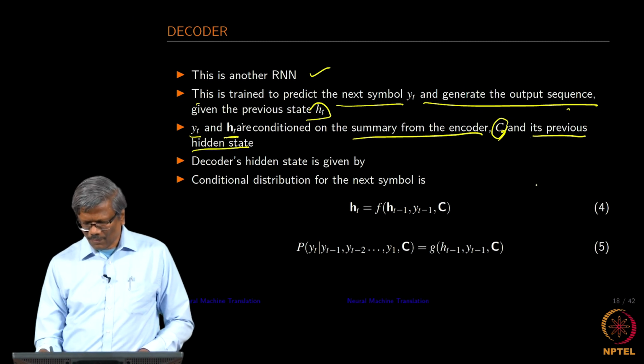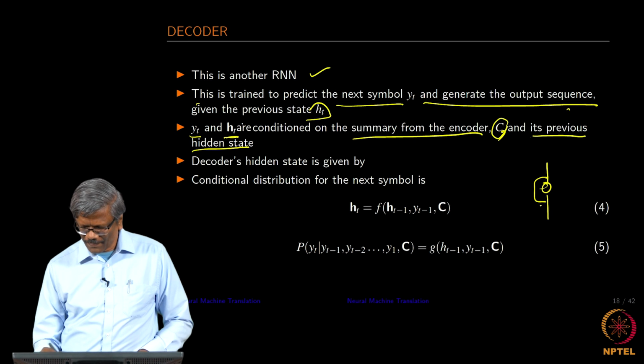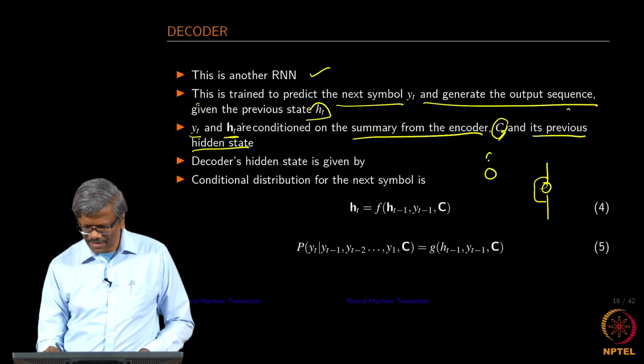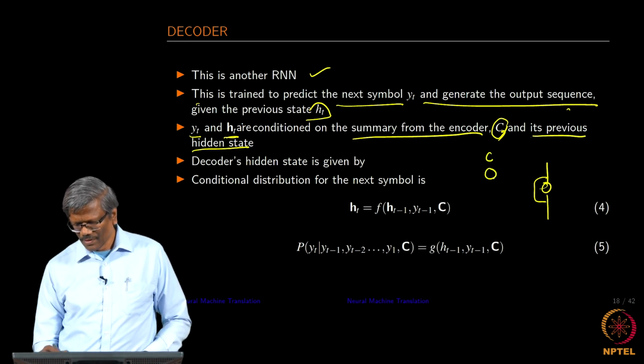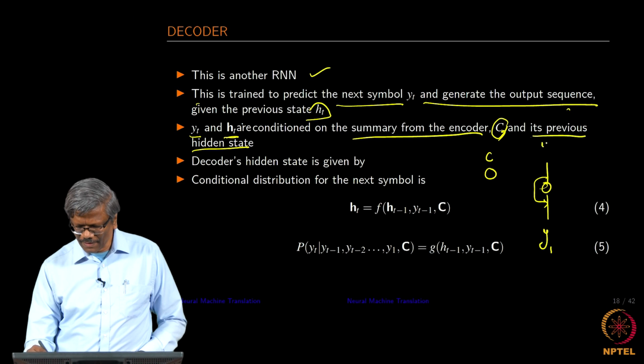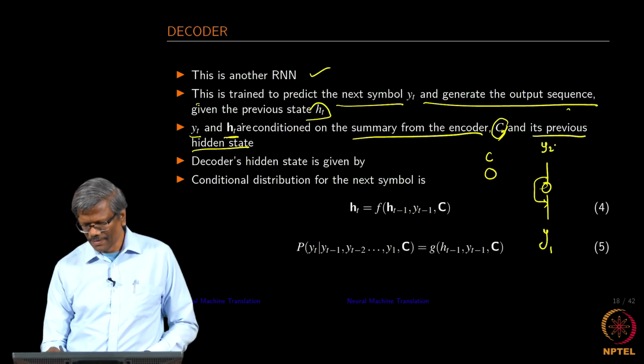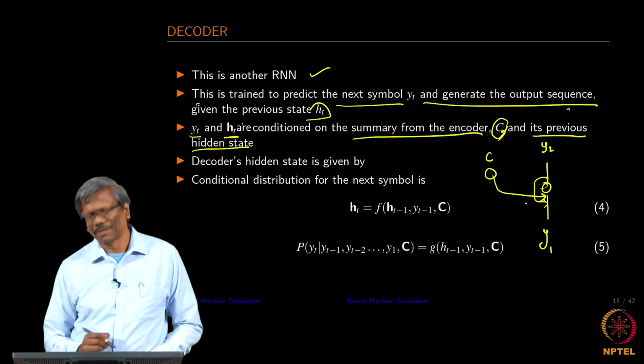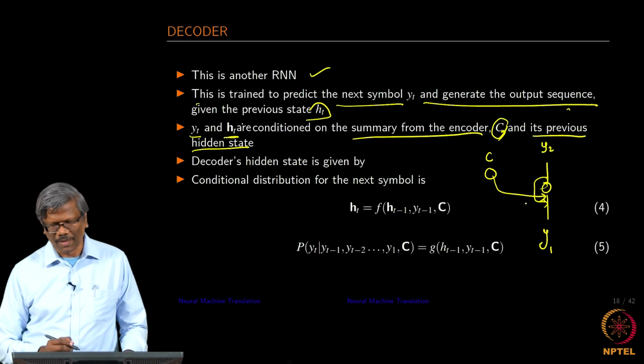So, let us assume that this is our decoder, and then we have the context vector that is coming in, right. So, here is our y1, and this is what we have to predict. This C comes in from the encoder part.